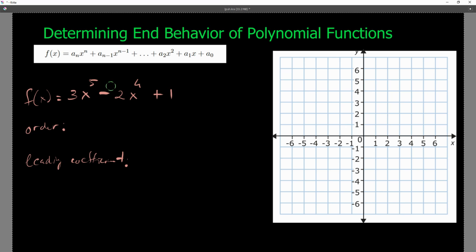Here, this x is to the 4th, this x is to the 5th. So the order is 5. When the order is odd, it's different from when the order is even. When the order is odd, the two ends of the graph go in opposite directions. And when it's even, they go in the same direction.